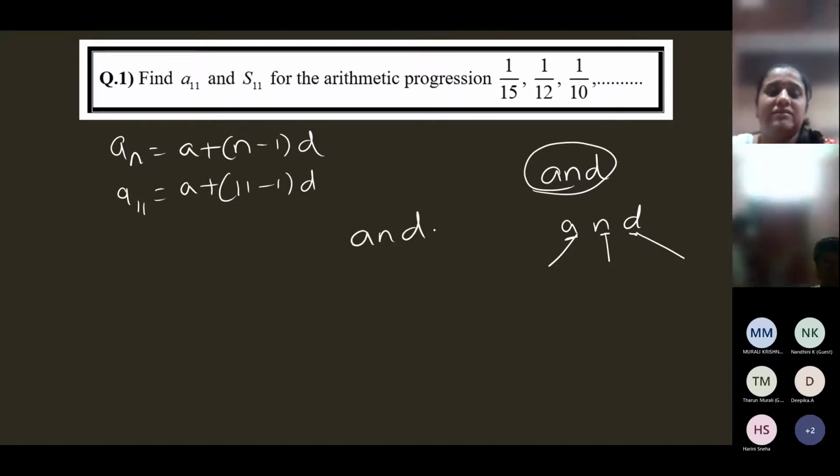The value of a, the first term, is 1 by 15 here. The value of d is 1 by 12 minus 1 by 15. And n is 11 here. So you have the values of a, n, and d. You can answer any question.